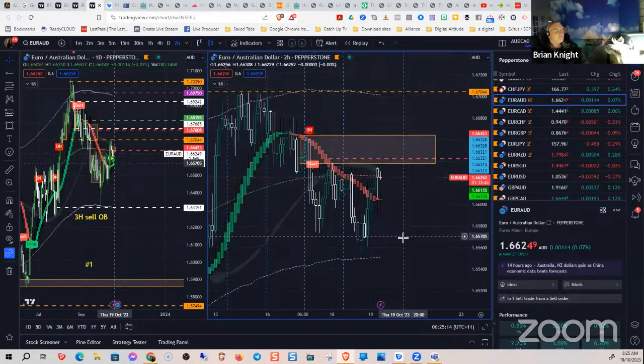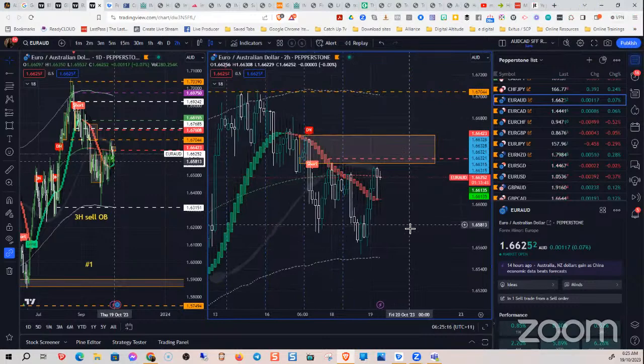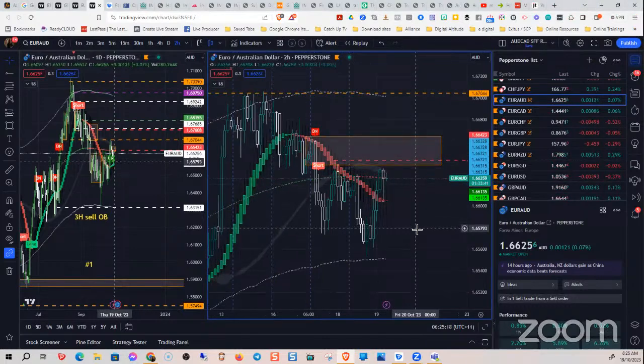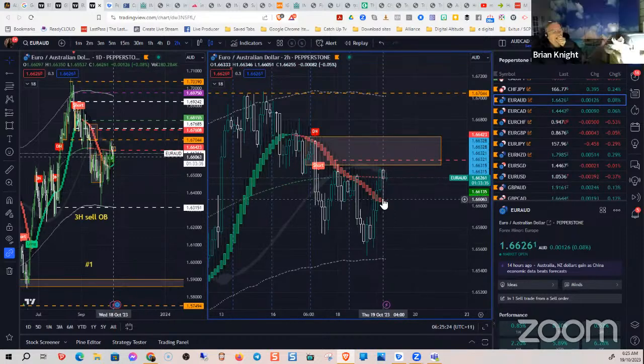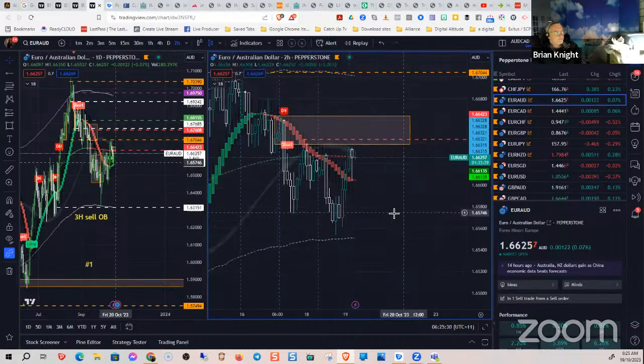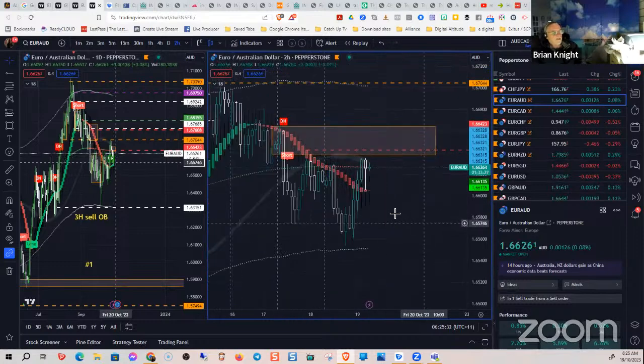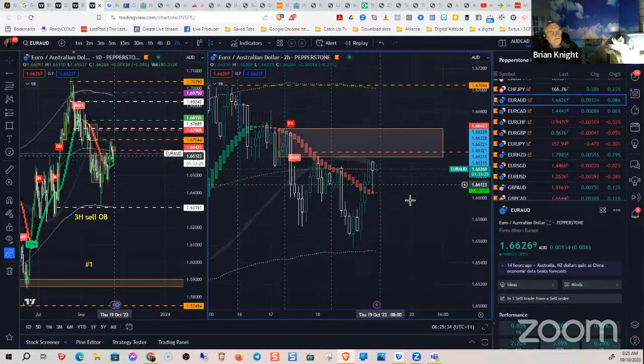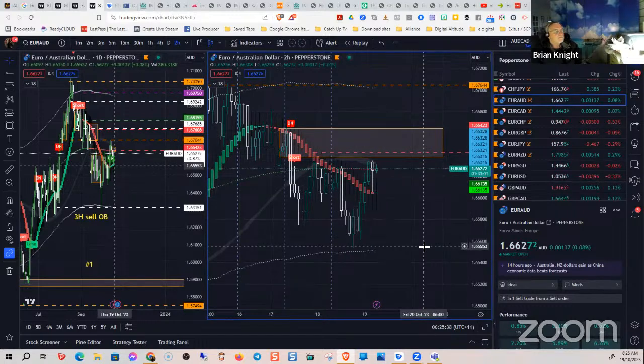Okay, so as it pushes up into that order block, your entry should be following the bottom of the white wicks, which is that one just there now that's been created. Oh, it's gone green.